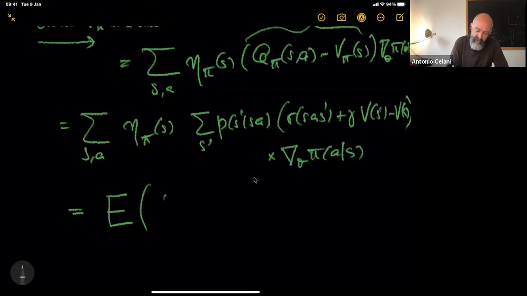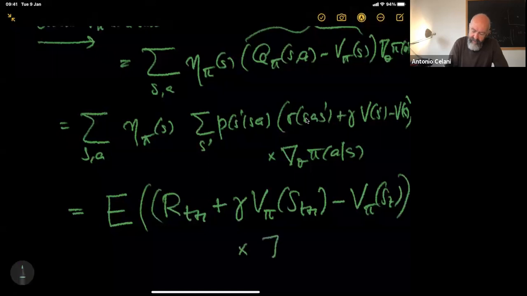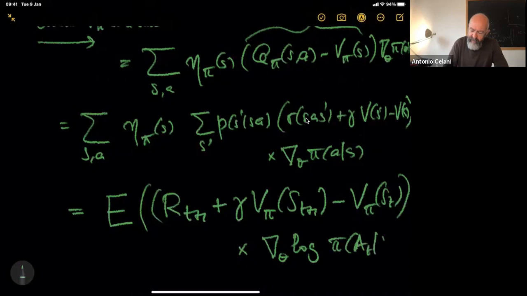So this would be the expectation of the reward, the random reward, plus gamma the value of the policy in S_{t+1}, minus the value of the policy in S_t, times gradient theta of the logarithm of pi of A_t given S_t. So far, I've been just repeating what we did earlier with a specific choice of the baseline.